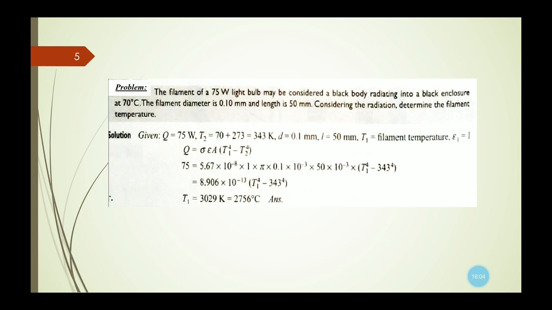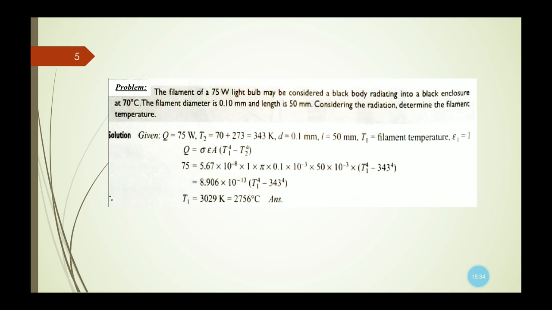Next, emissivity equals 1, considering the surface properties here, which are black enclosure or black body. Next, the area. For this filament, we can calculate the area because the diameter and length are given. Using those parameters, we can calculate the area of the filament.